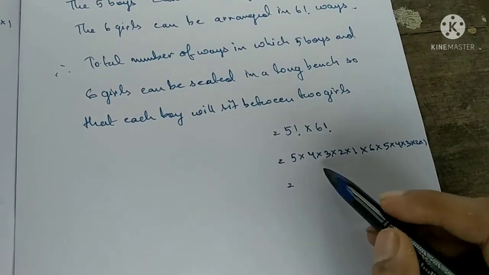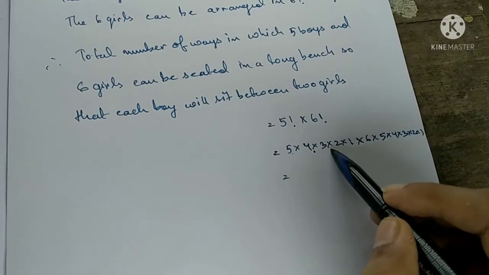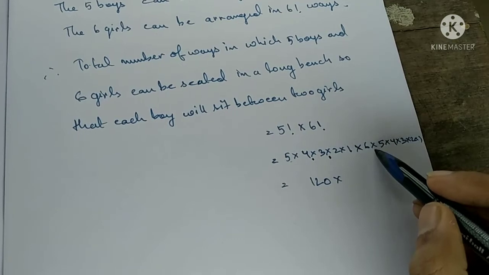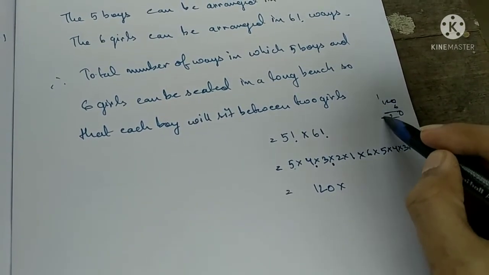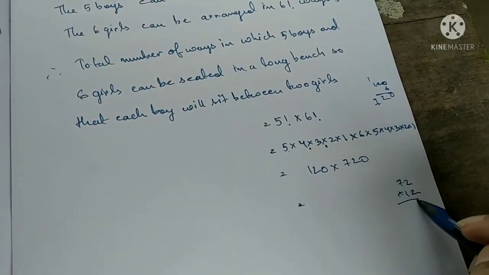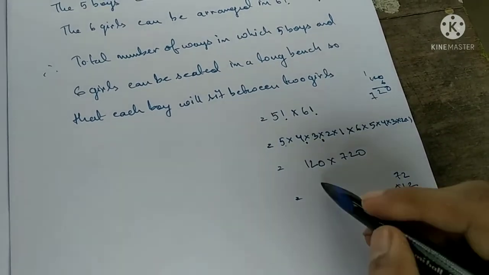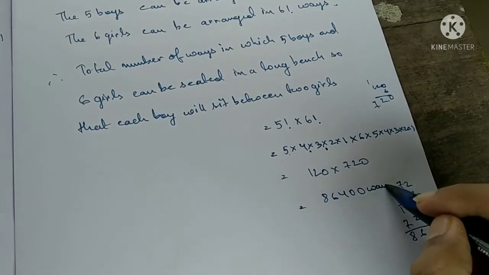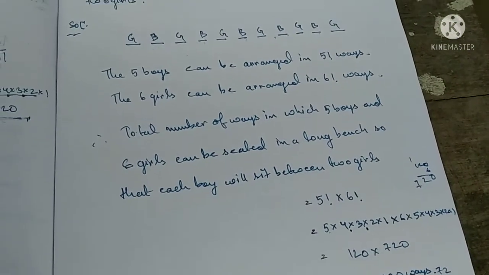So in here, if I multiply it, 5 times 4 is 20, 20 into 6 is 120. 120 into 6 is 720. So 720 into 120 gives 86400 ways. Understand? 86400 ways. This one you remember.